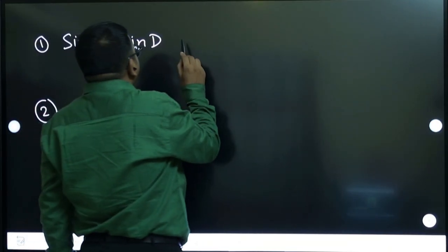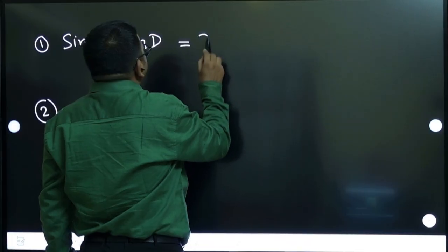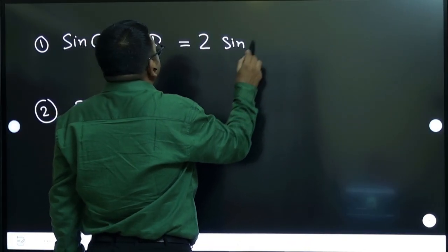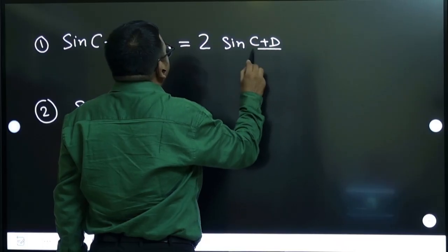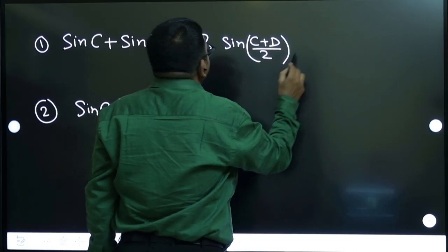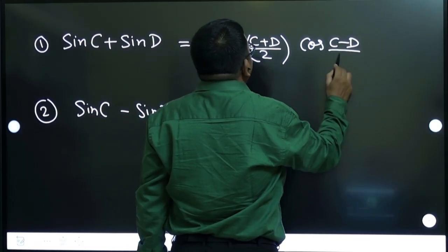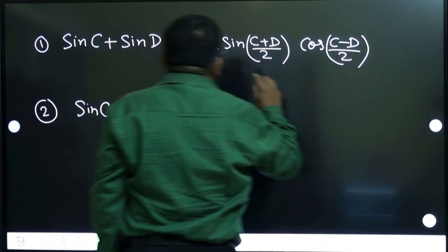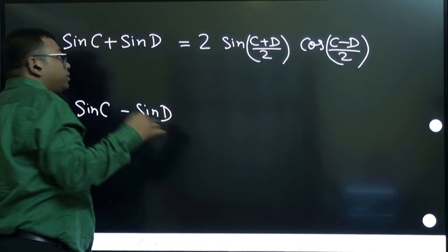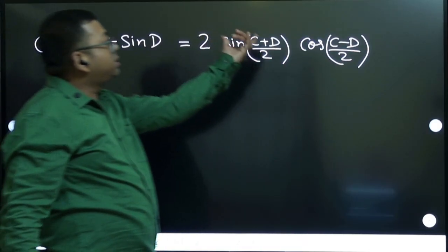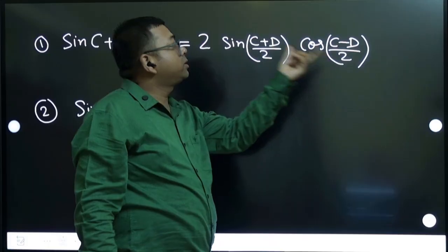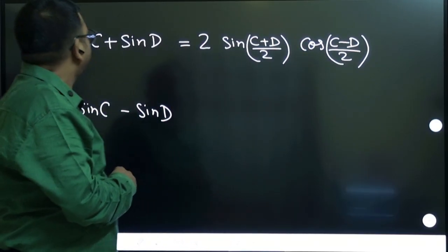Sin C plus sin D is equal to 2 sin (C plus D) by 2 into cos (C minus D) by 2. Note that when you are doing this, 2 sin cos is multiplied, but sin has got more angle and cos has got less angle. That is what you have to know.